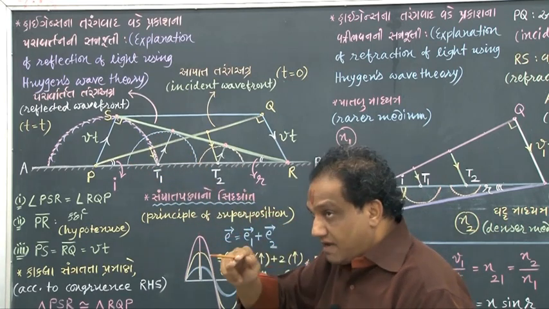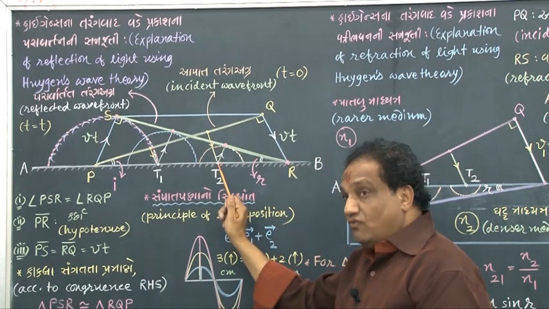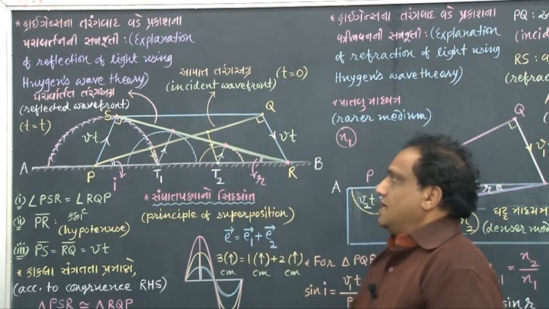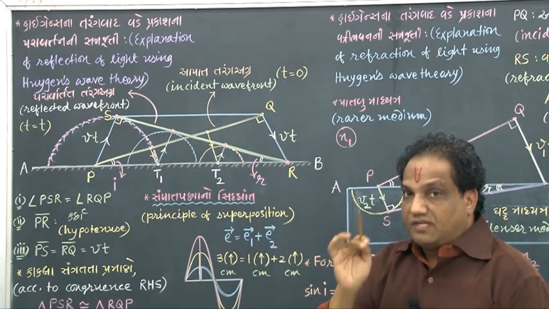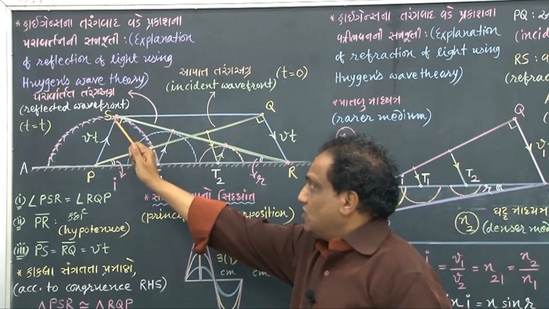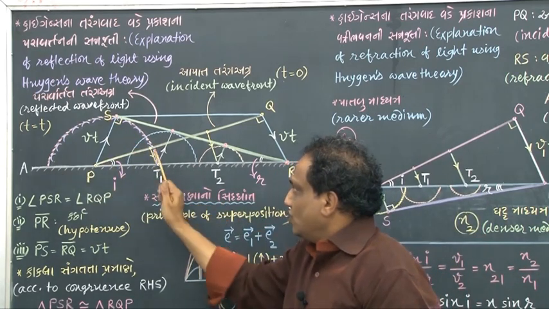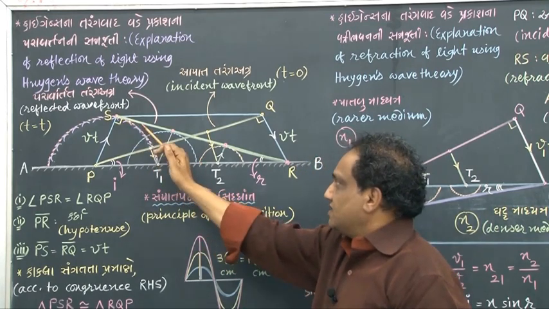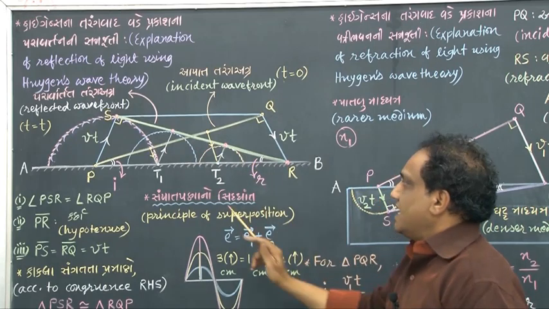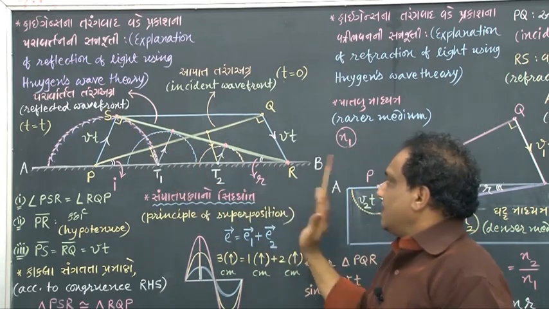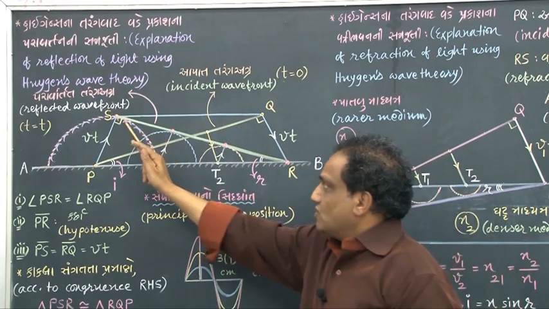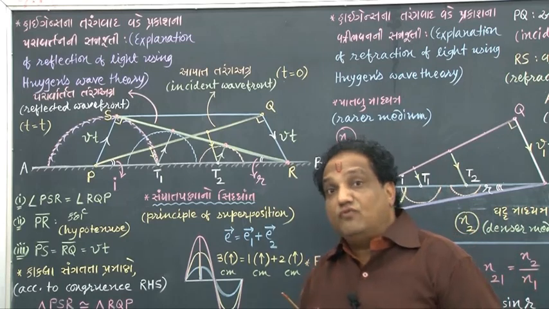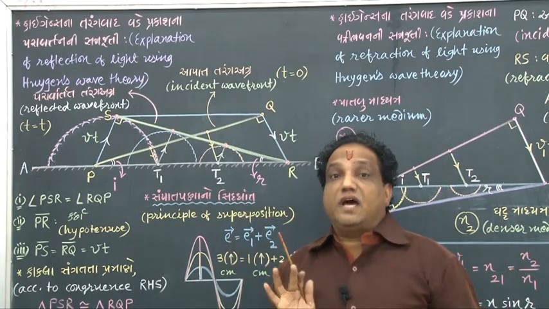At the end of the same t time, the new wavefront emitted from t2 would be this. Now, think of that surface which is tangential to all these new wavefronts at a time. That tangential surface is this, which is SR. So this tangential surface will give you the shape and position of the new wavefront at the end of t time.